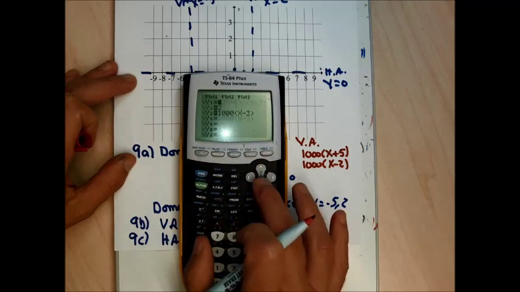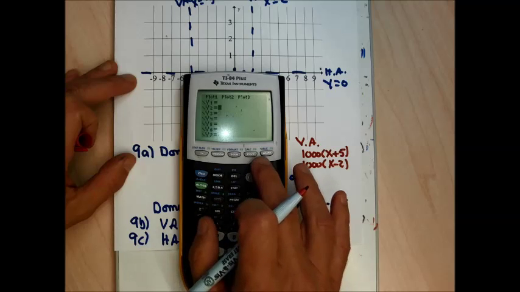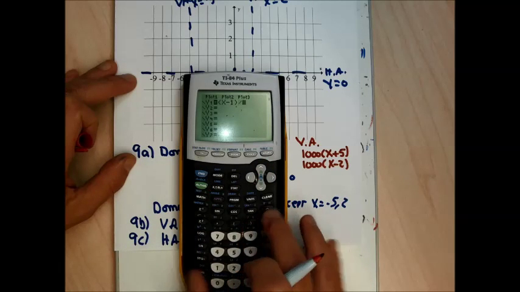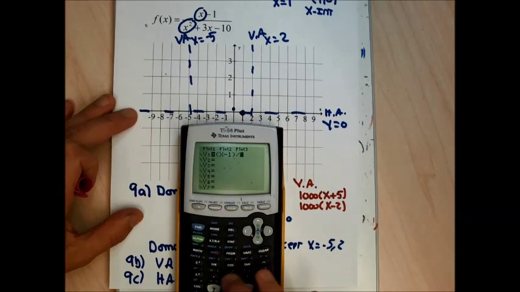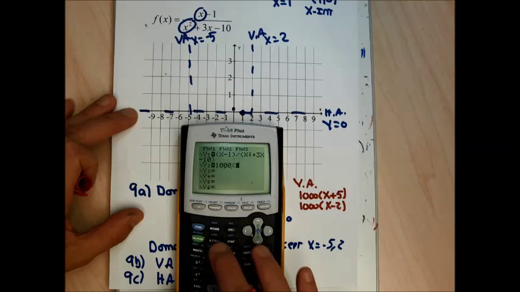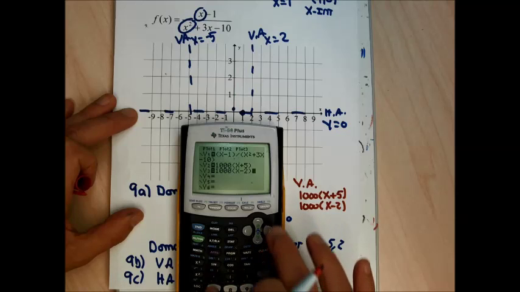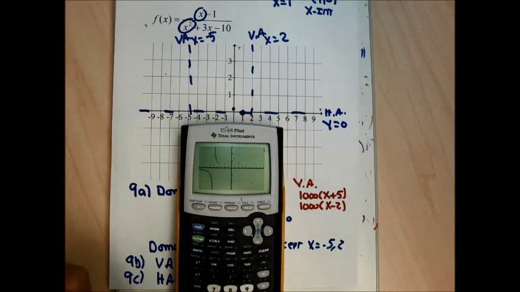And then I'm going to clear out all the stuff that's already in here and enter the function in y1, which is x minus 1 in parentheses, divided by x squared plus 3x minus 10, both the numerator and the denominator in parentheses, and then get my vertical asymptotes by doing 1,000 times x plus 5 and 1,000 times x minus 2. Hit graph and just copy now.